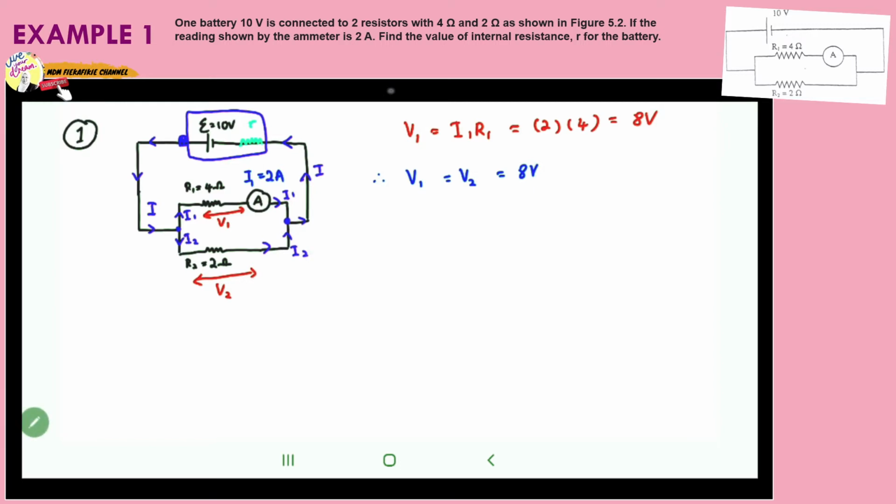Why do I want to know I2? So now I want to simplify this circuit because I want to show you why I want to find I2.